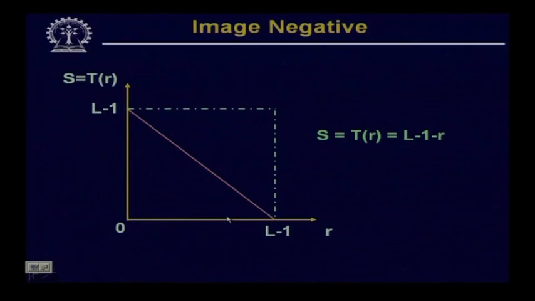In effect, what we are getting is a negative of the image, and graphically this transformation can be put in the form of this figure. Here, this transformation is a straight line with a slope of minus 45 degrees, passing through the points (0, L minus 1) and (L minus 1, 0) in this R-S plane.